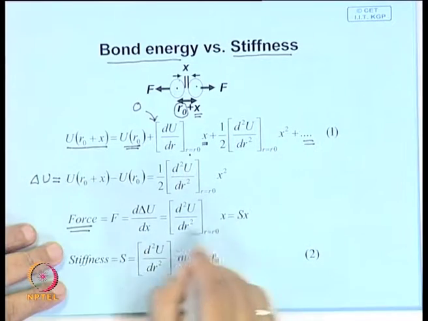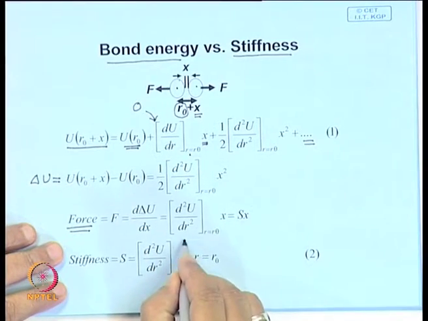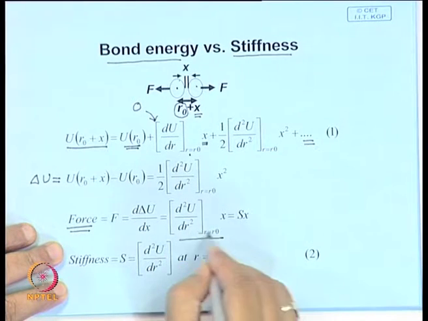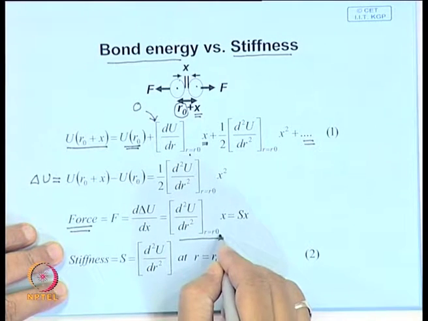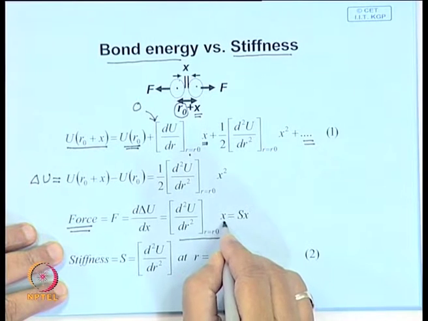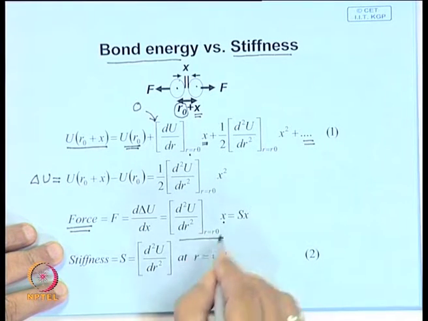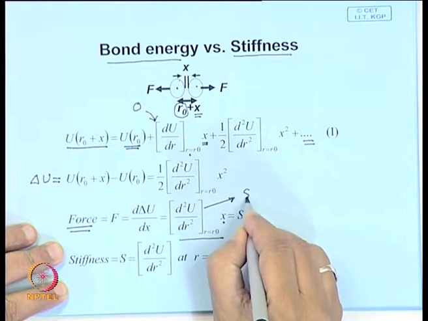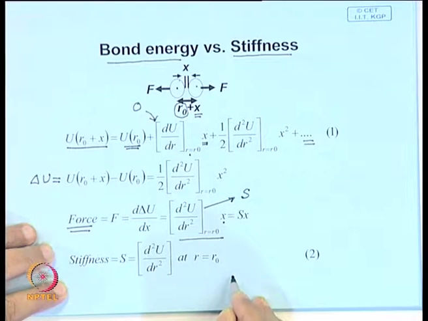Then obviously, you get this term, the second differential d2u/dr2 at r equal to r naught times x, and this second differential can be defined as stiffness.